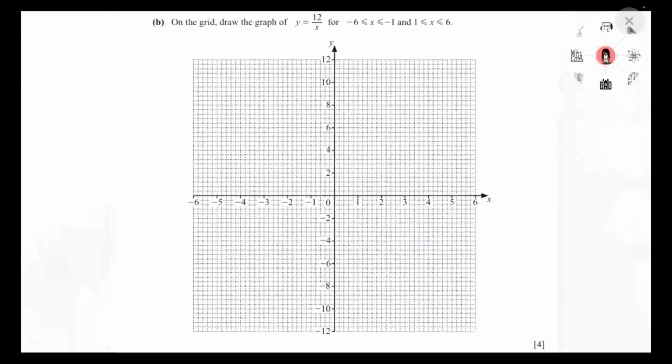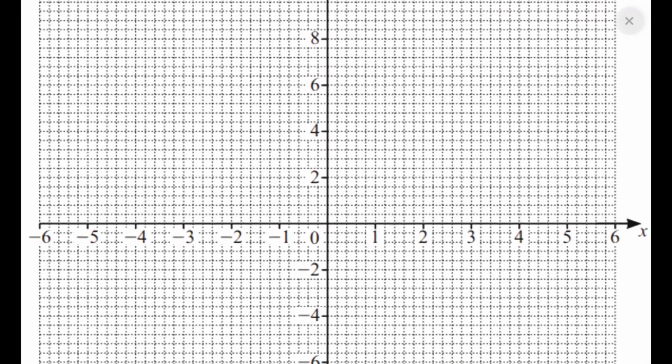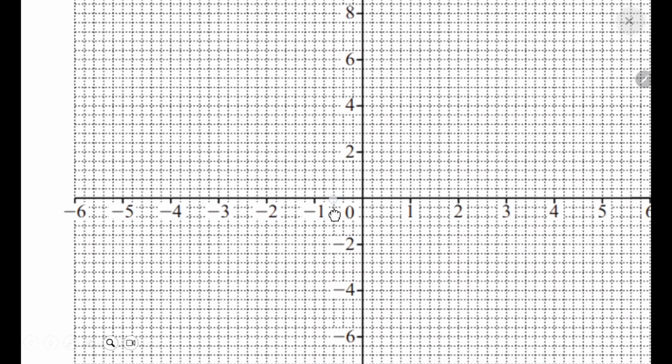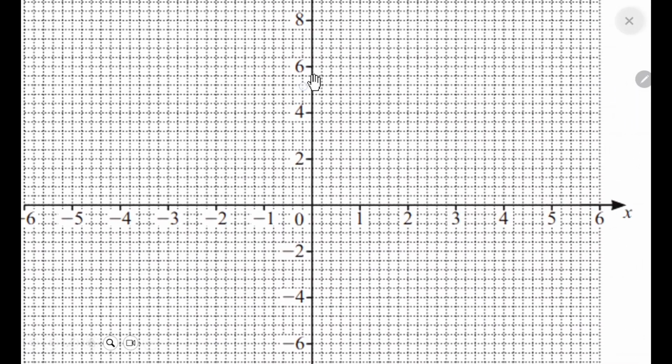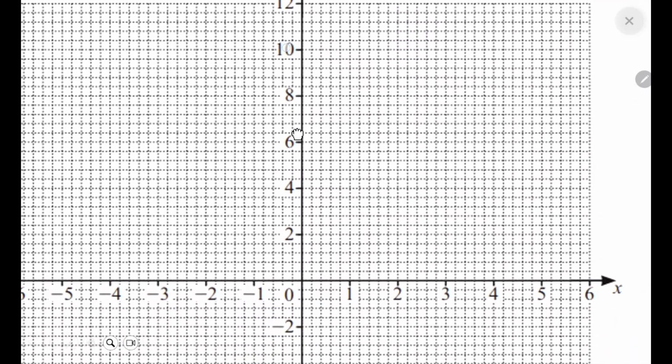B. On the grid, draw the graph of y equals 12 by x. So let's mark the points from the table onto this graph. Before that, let's observe that on the y-axis, the scale is written in the 2's table.